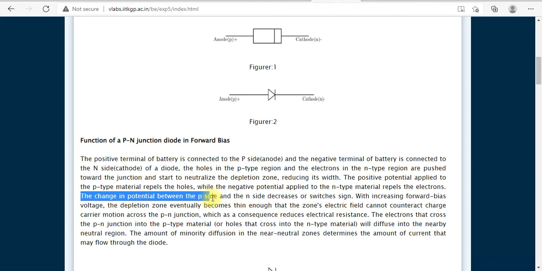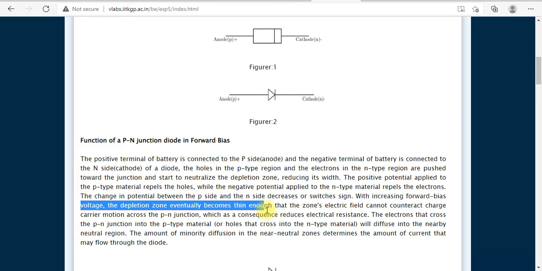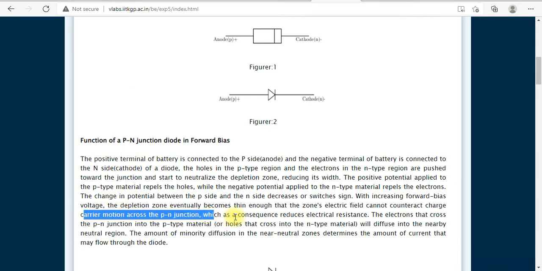The change in potential between the P side and N side decreases with increasing forward bias voltage. The depletion zone eventually becomes thin, so the electric field no longer counters the motion of charge carriers across the PN junction, which reduces electrical resistance.